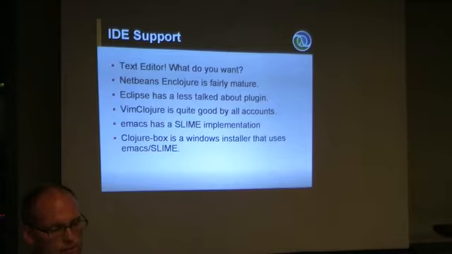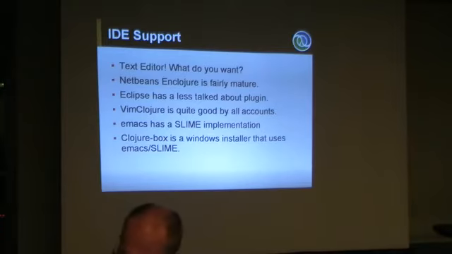The one that everybody seems to use a lot is Emacs, though, as you might expect, because Emacs is a Lisp-based application, so Clojure is a good fit for it. It already does Lisp. It already does all the formatting, and it's got the infrastructure in place. It has what's called a SLIME implementation.